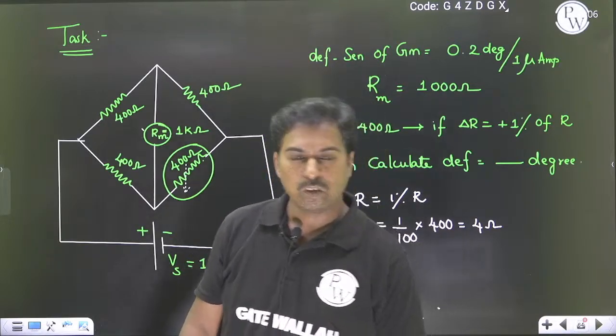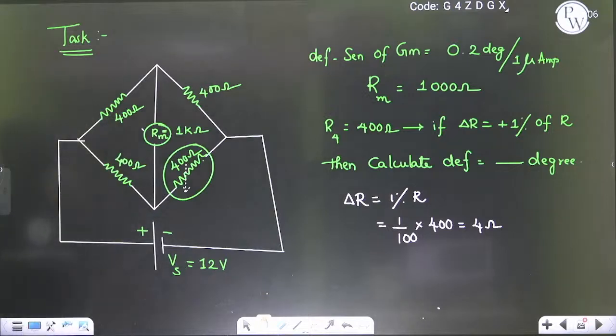So deflection sensitivity of the galvanometer is given. What is the meaning of the galvanometer deflection sensitivity? Can anybody tell me what is the meaning of the deflection sensitivity of the meter?